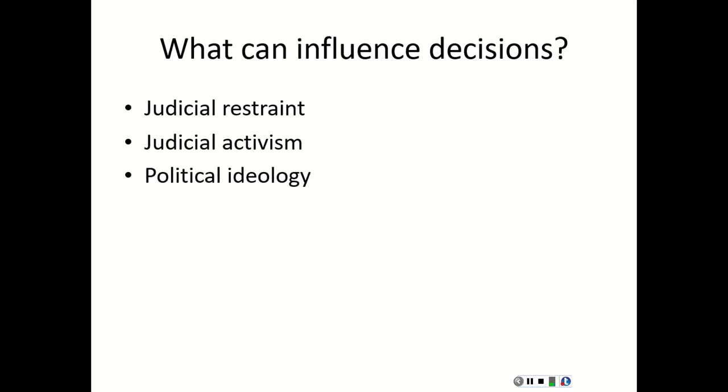So we don't know what the judge's political ideology is, but we assume that it is the same as the president who appoints them. So we know their judicial philosophy. We know their political ideology. Now, can we accurately predict how this justice is going to rule? The answer is no. It is still very unpredictable.